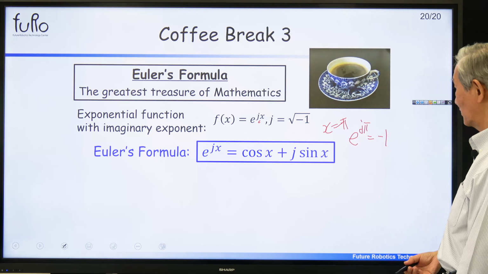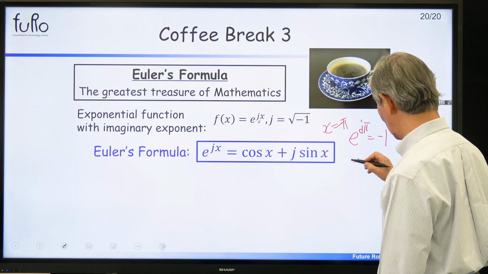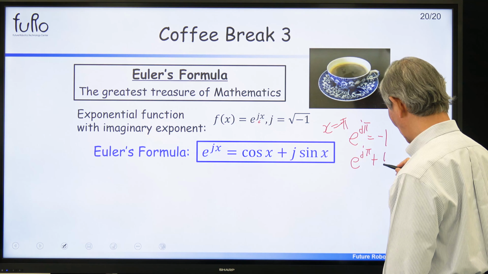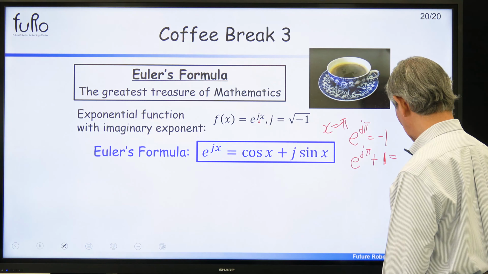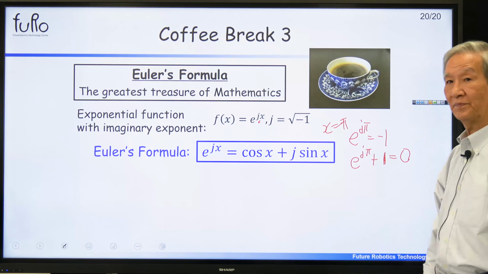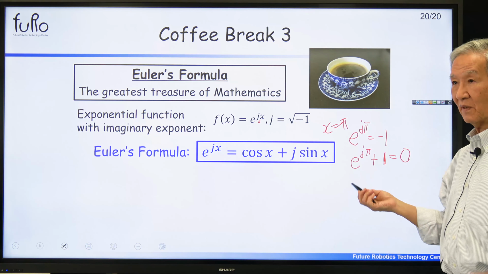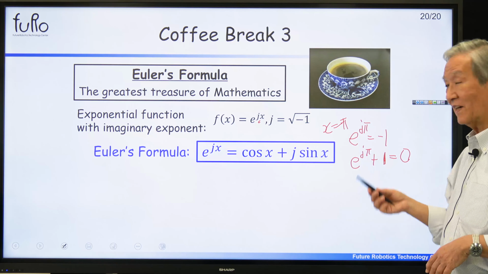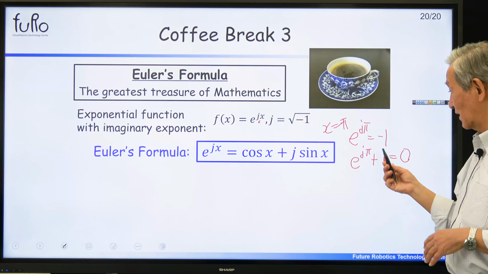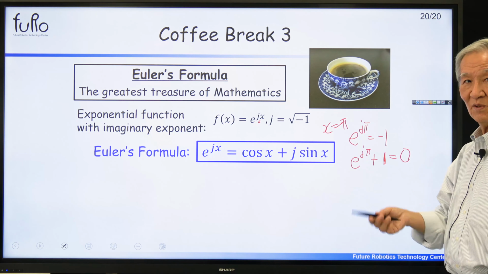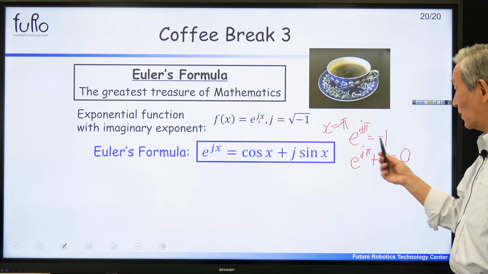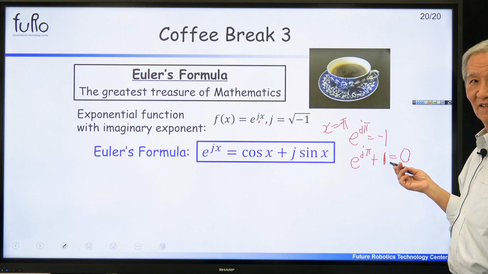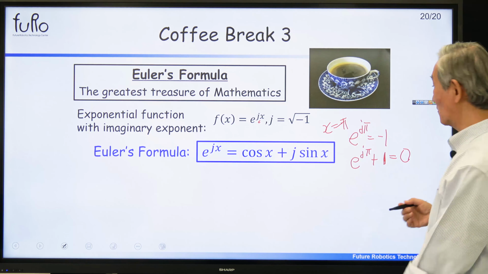So what's going to happen is that e to the j pi plus 1 becomes 0. e is 2.7 something, Napier's number, quite a number. Pi is 3.14 and so on, again quite a number. j, square root of -1. Combine everything together and add 1, everything vanishes. Well, I feel that's very beautiful.